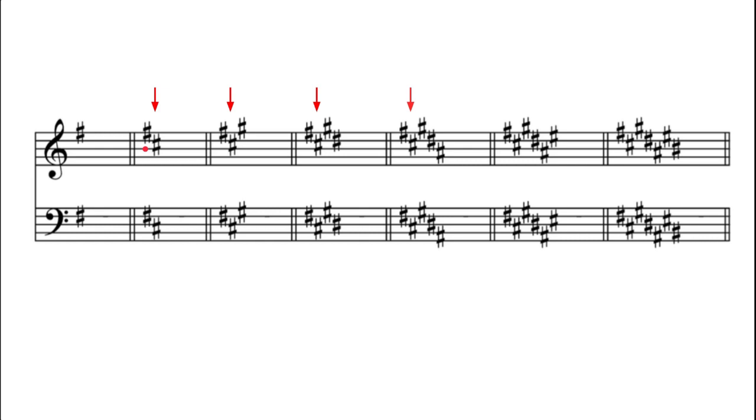All of them start the second note on C sharp. The third note, all of them start with G sharp, and so on all the way until the entire order is completed. So as you can see, there is an organized pattern, and this pattern is called the order of flats or order of sharps.